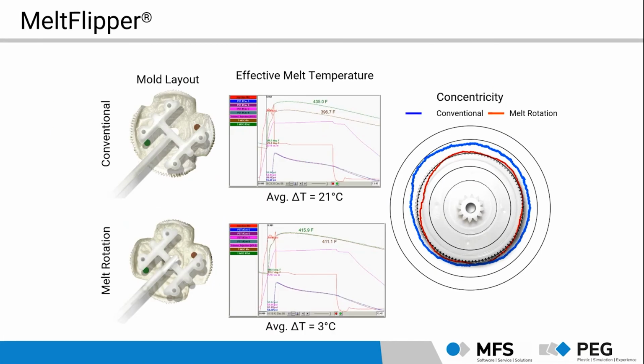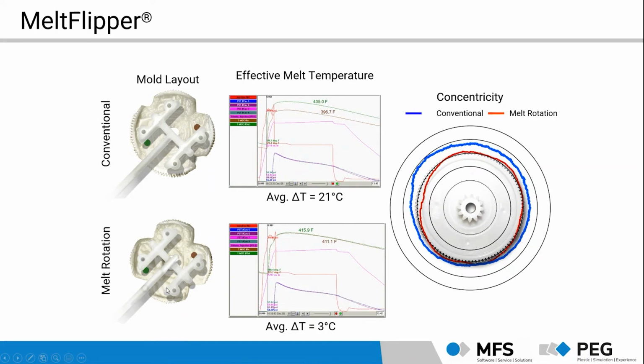This is another example. So we have two temperature sensors brought in here. This is this green and brown point on the geometry in the tool, and the temperature of the melt was measured during the process. Here we have a conventional runner system. So that's the runner without any MeltFlipper technology.